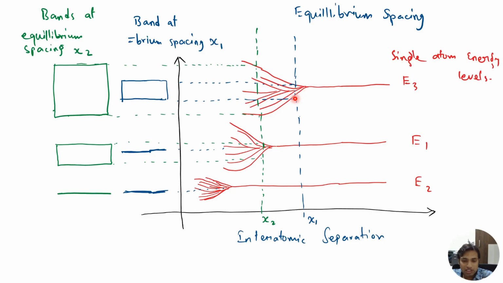Then if you bring them even closer, the outermost orbitals are already interacting.